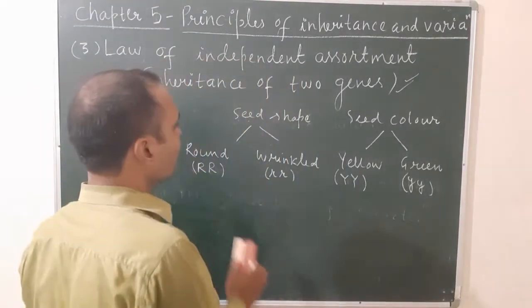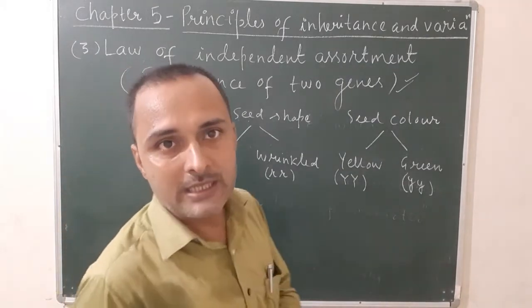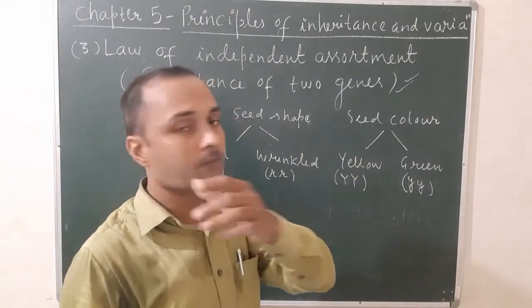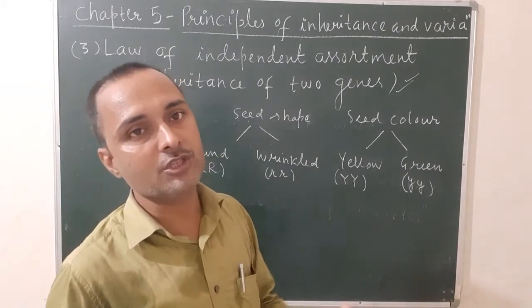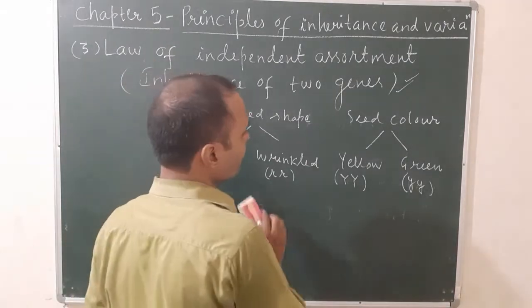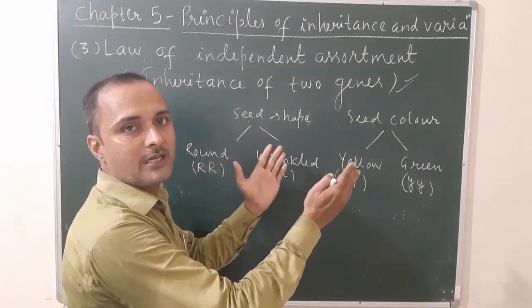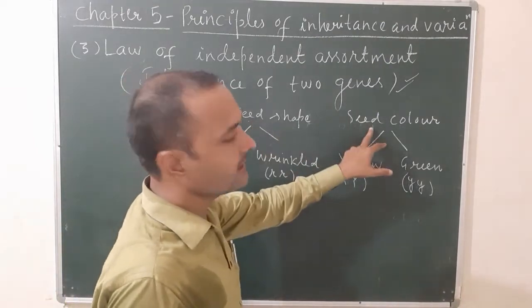So let's see how we find out the F1 genotype, F2 phenotypic ratio, and F2 genotypic ratio. First of all, you will take the two traits taken by Mendel in the pea plant in this experiment: seed shape and seed color.